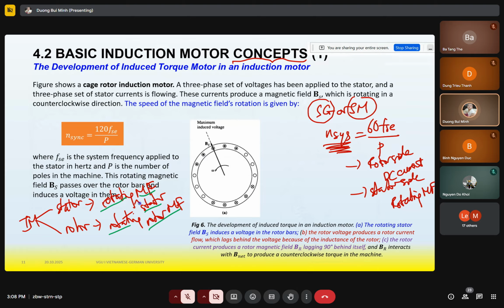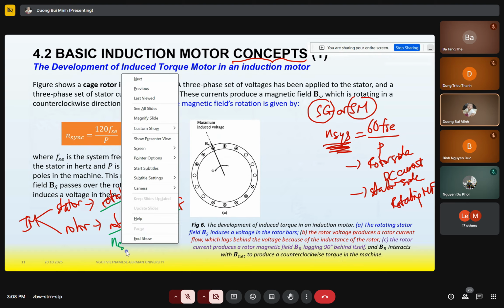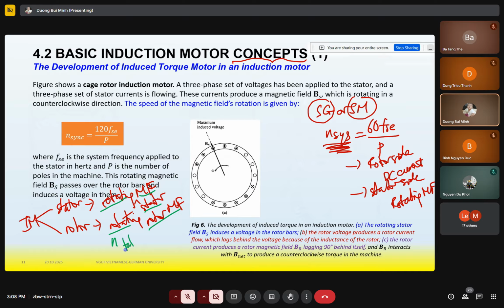So we cannot make sure the speed of the stator is equal to the speed of the rotor. They are different, so the rotor speed will be different from the synchronous speed.